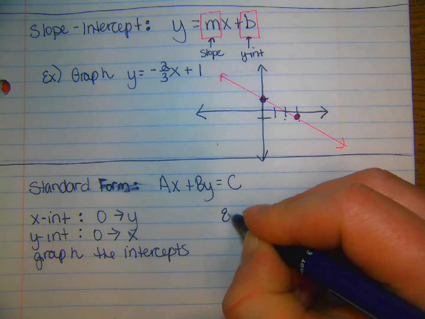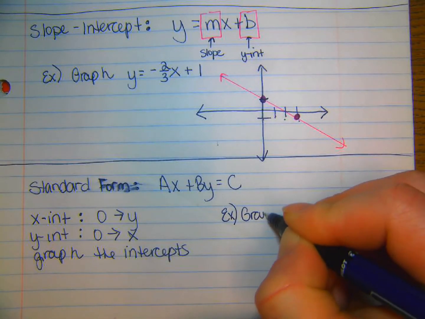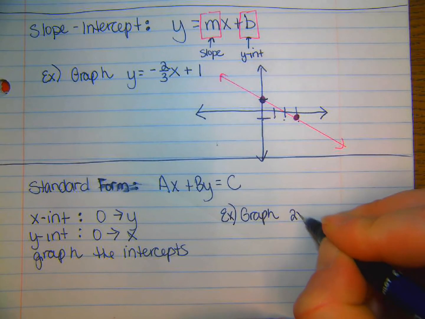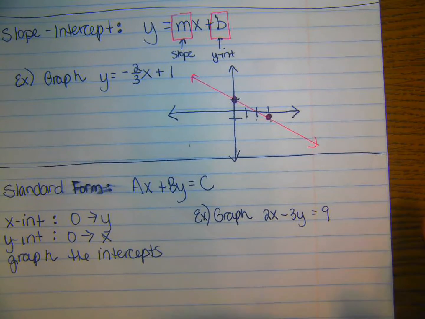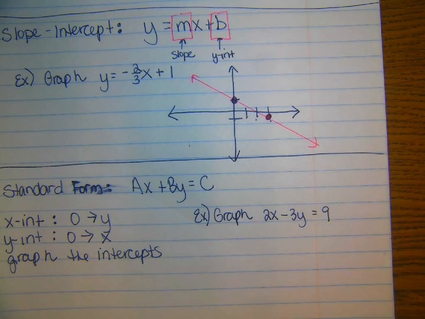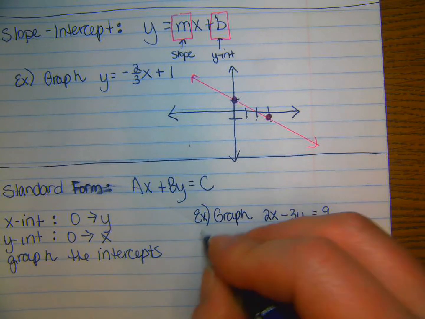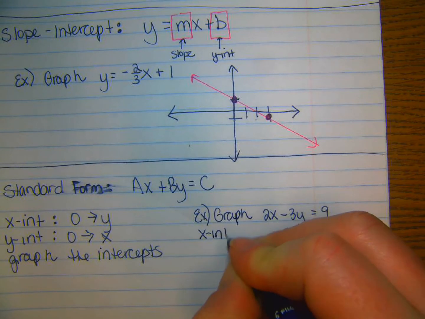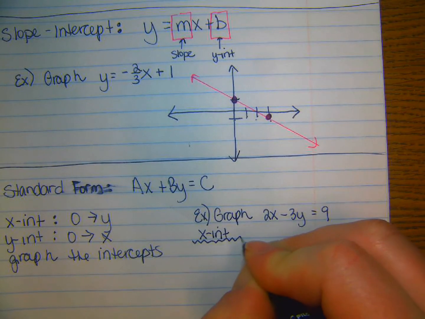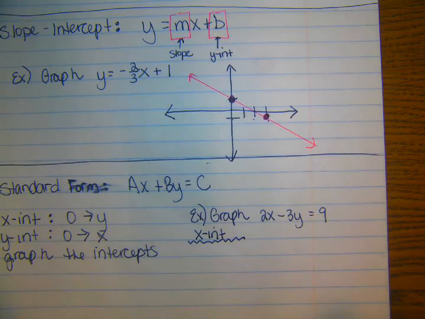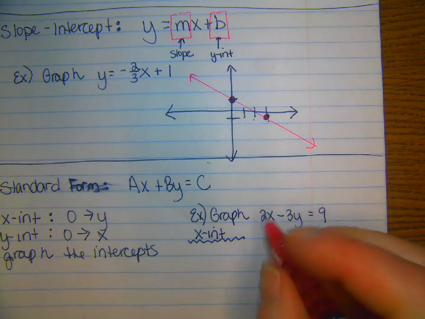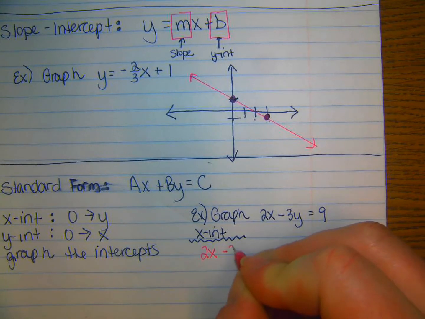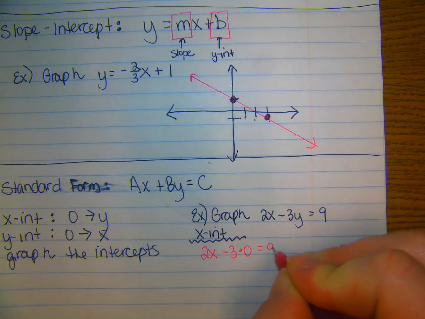So here we go. What if I said graph 2x minus 3y equals 9? So, what you would do is you'd find the x-intercept. And the way I find the x-intercept is I take 0 and I plug it in for y. So let's do that. I have 2x minus 3 times 0 equals 9.